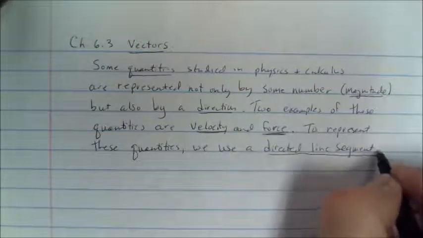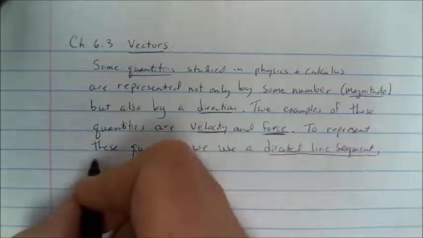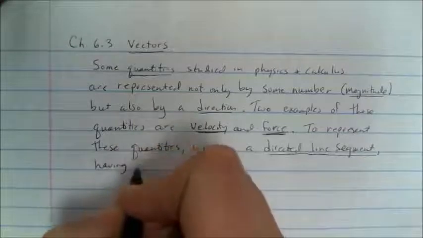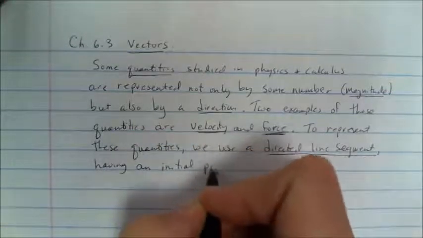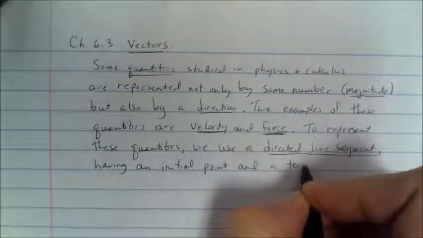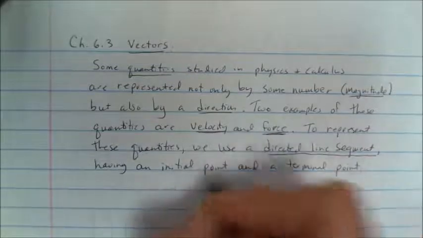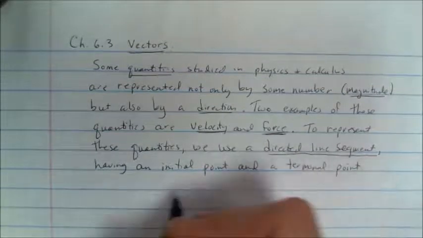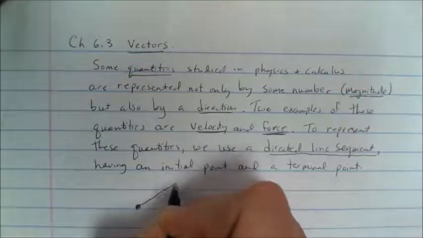A directed line segment has an initial point and a terminal point. Initial means start, terminal means end. So a directed line segment might look something like this.